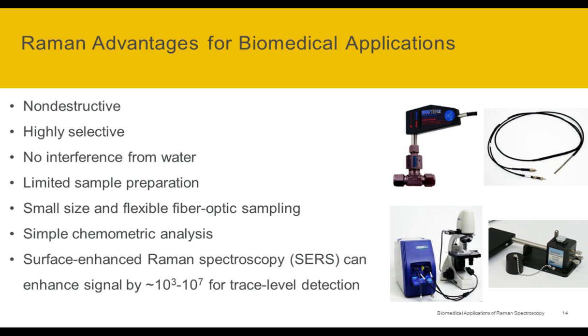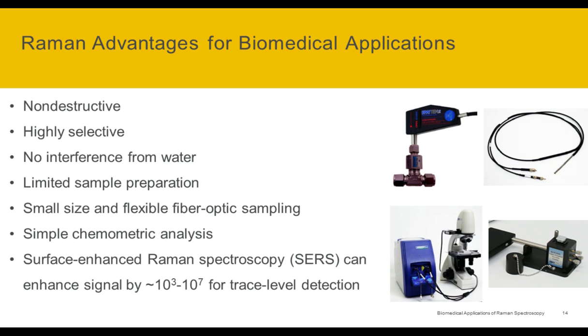And so Raman has a lot of advantages for biomedical analysis. So for example, Raman is a non-destructive technique, and it's very highly selective compared to even other spectroscopic techniques like near-infrared spectroscopy, where the bands that you get tend to be a lot broader.